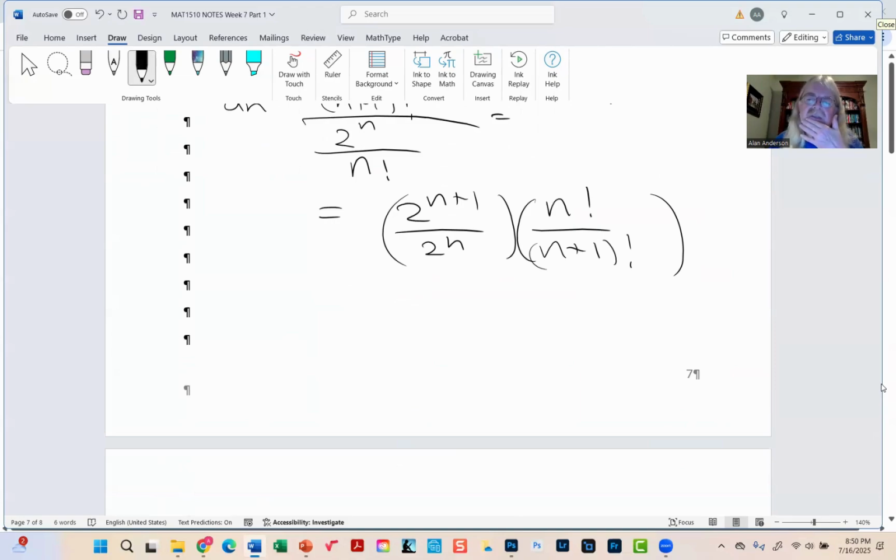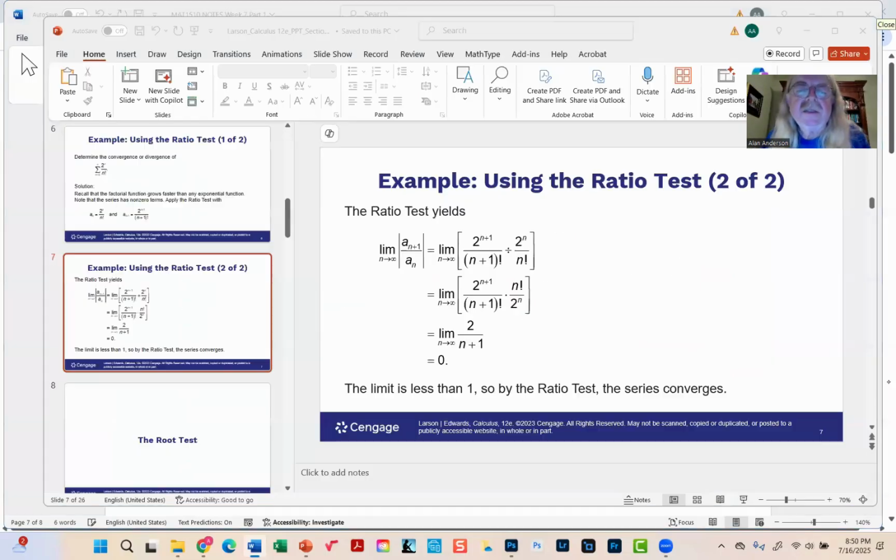So it would just reduce to n plus 1. And now the limit of that as n goes to infinity is 0.